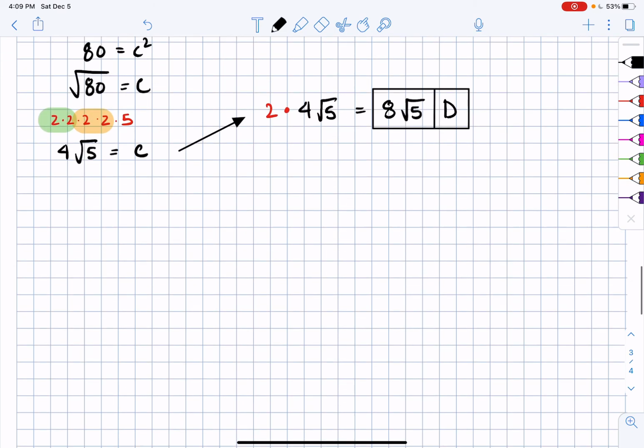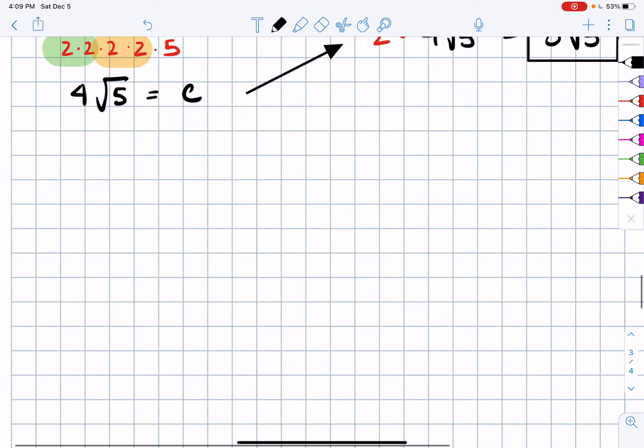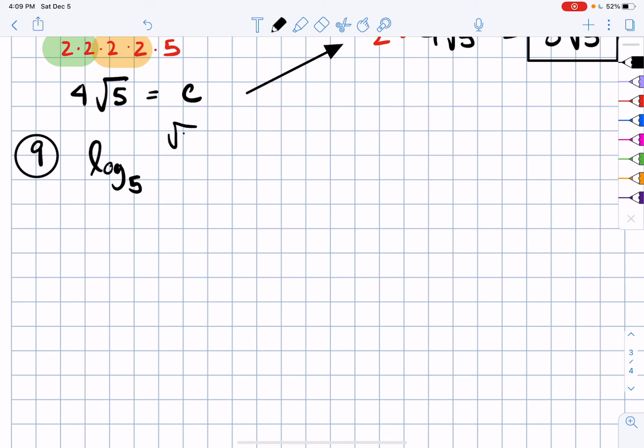All right, so that's 8. So let's get to number 9. All right, number 9 says log base 5 of the square root of x over 125.